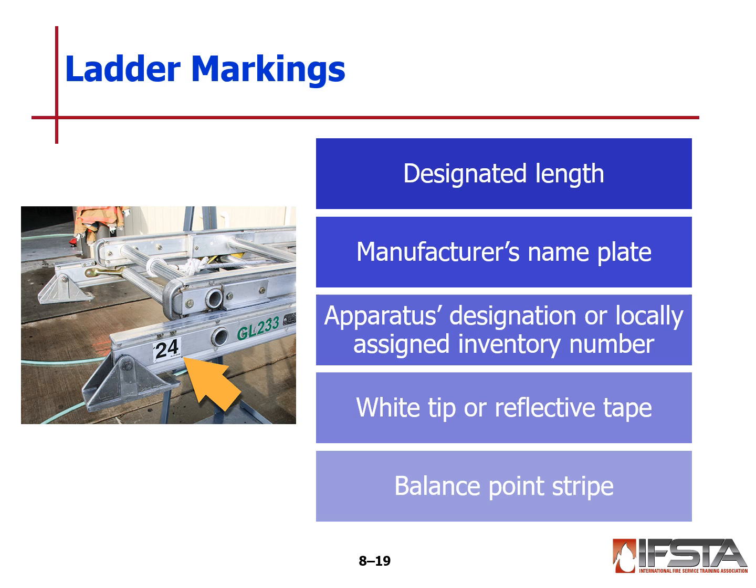It is also common that these numbered stickers be reflective as well. And then you may also see a balance point stripe, either a piece of tape or a paint marker mark, placed at the balance point of the ladder. What that's there for is to help us, especially when we do our single firefighter carries.